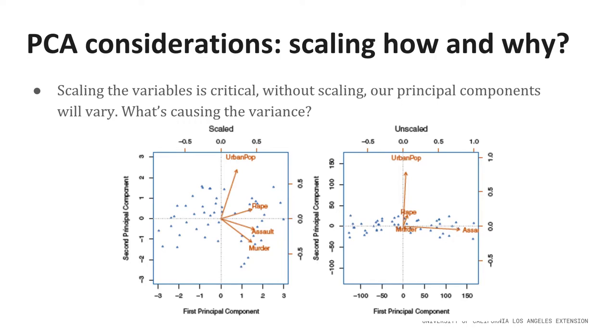If you did not control for the per capita statistics, which are a numeric value per, I think, 100,000 population, whereas the urban pop metric is a percentage, you'd see on the right that they behave quite differently. And there are a couple of things going on. Murder and rape become much smaller, and assault becomes much longer.